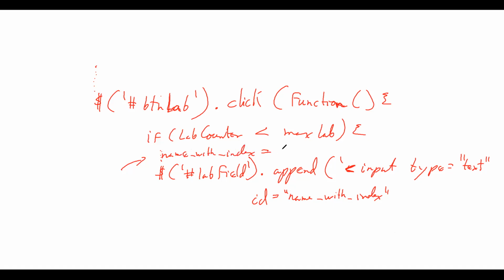And it's just going to be obviously, the name is lab and then plus the concatenation and then add the index. So you need to have that lab counter, for instance, could be the index, but just make sure you increment it every time you add a text box. You have to keep track of that. All right, so you will put in then the name, right? And that's pretty much it. Also, please add default values.